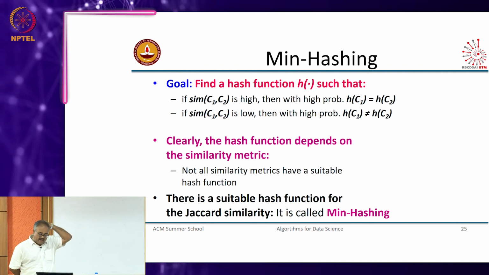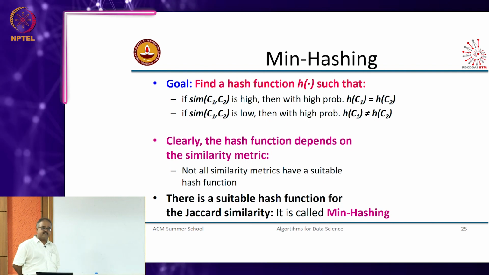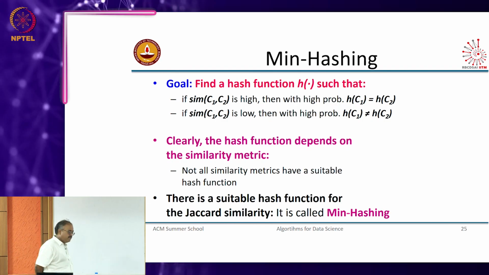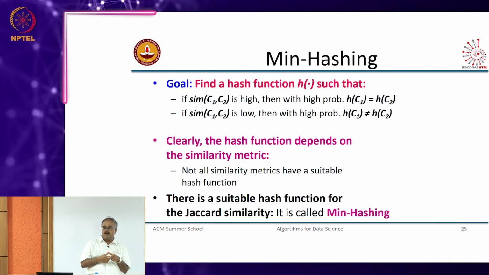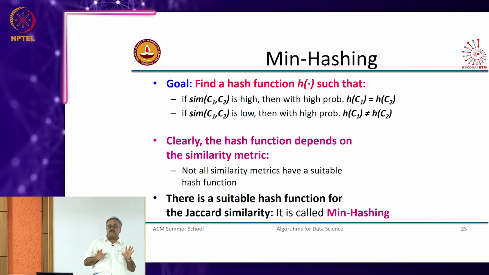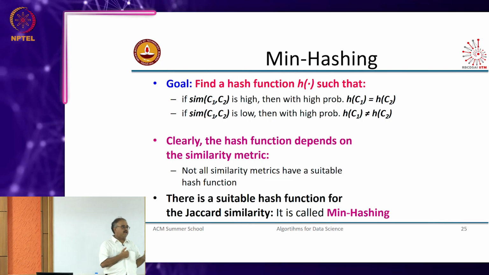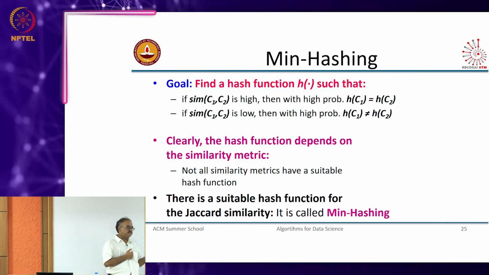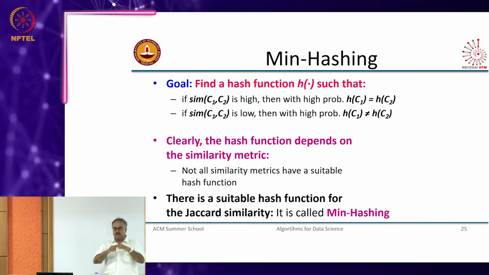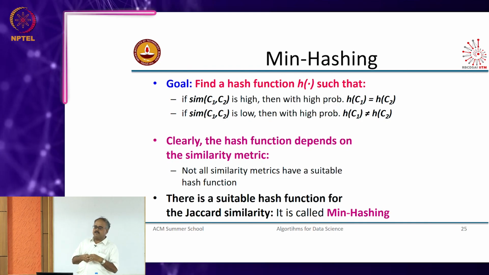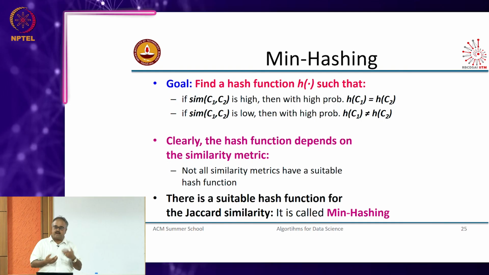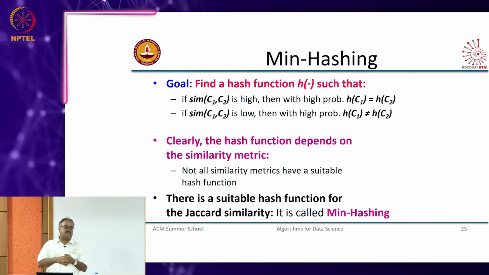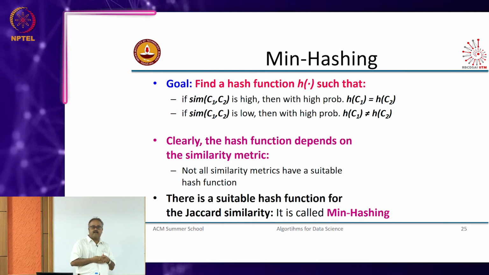This whole idea of min hashing and locality sensitive hashing depends very much on the notion of distance that you are using. Not all notions of distance support a locality sensitive hashing family. Luckily for us, a lot of the more popular notions of distance do. Jaccard is one, and we'll talk about cosine distance later.